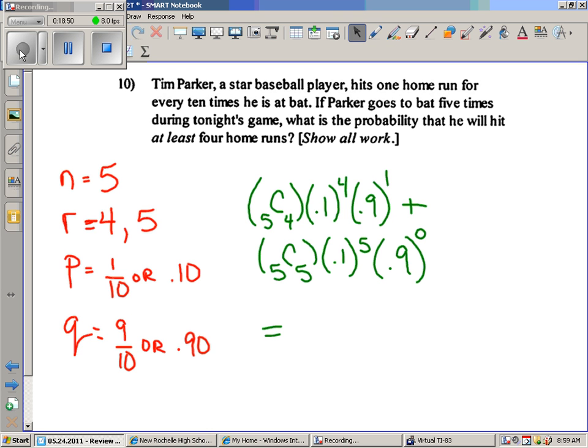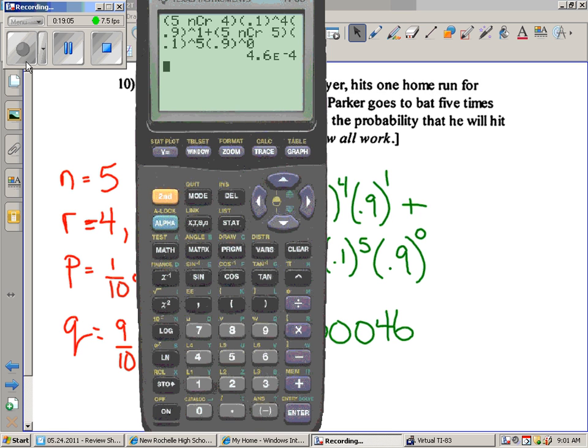And what do we get? Okay, so you punch this into your calculator, you get 0.00046. So we had a question about, right, how to convert this. Yeah, e to the negative fourth means you move it over 4 spots. That's what that means.